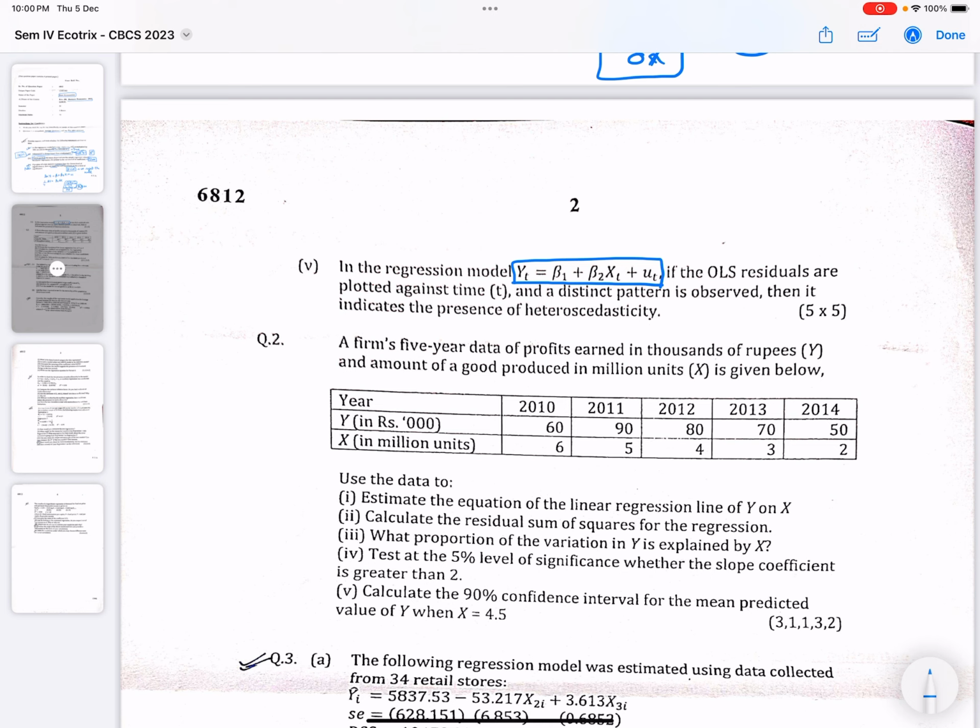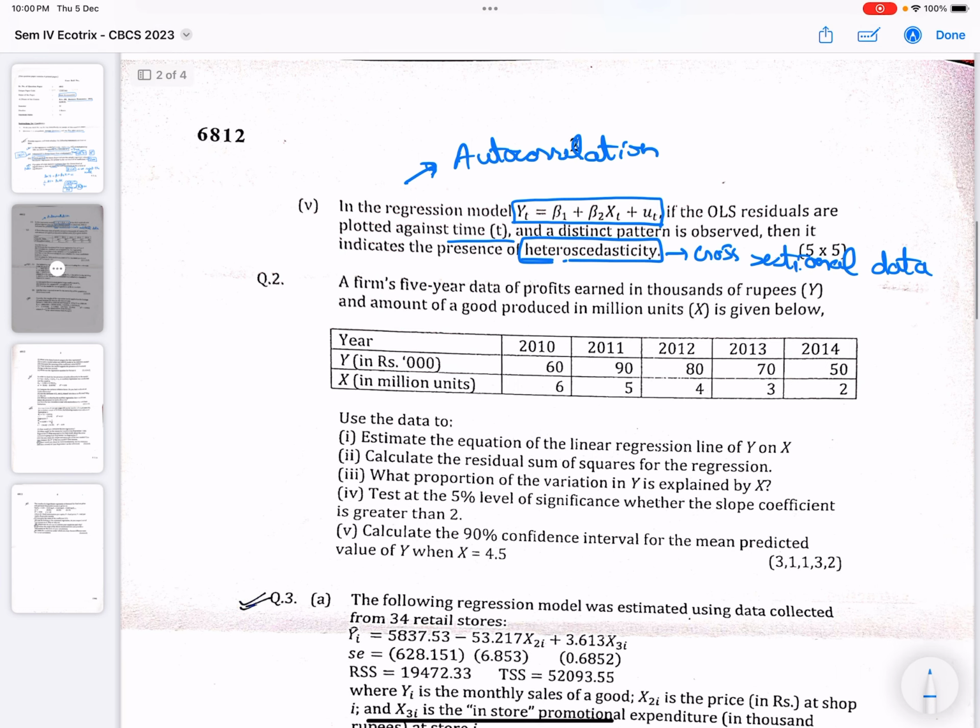But look at this thing: heteroscedasticity is concerned with cross-sectional data, not with time series data. So this is a case of autocorrelation, which is a time series phenomenon. Okay. Now coming to question 2.